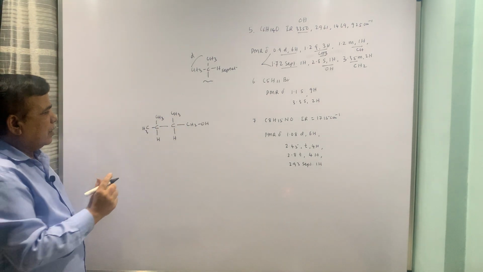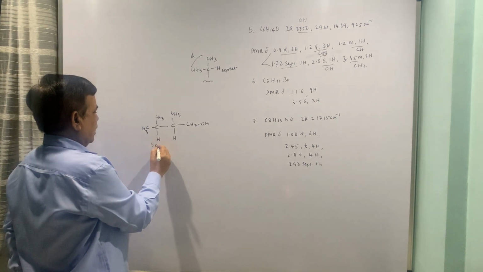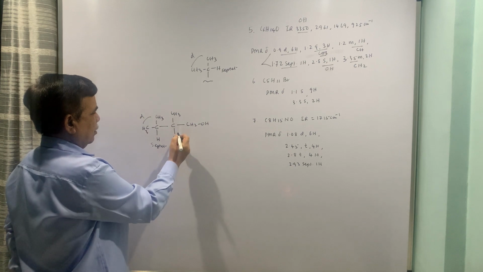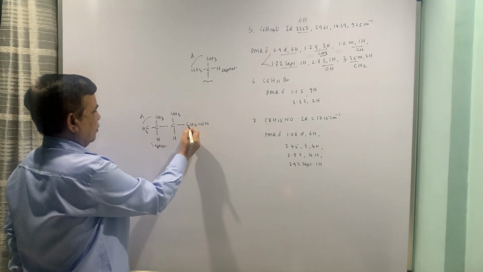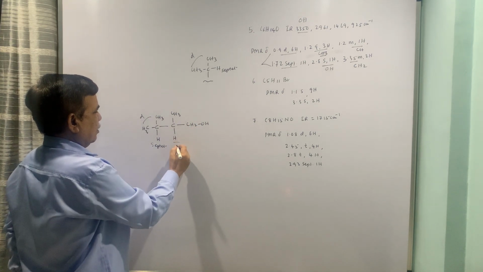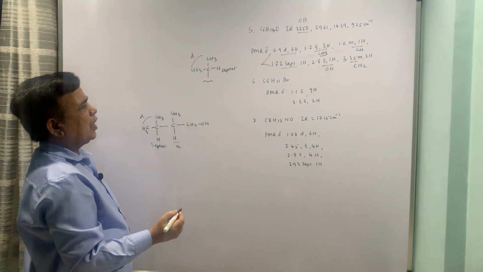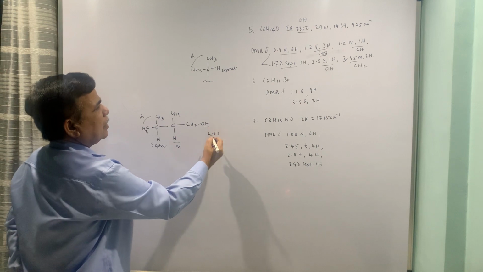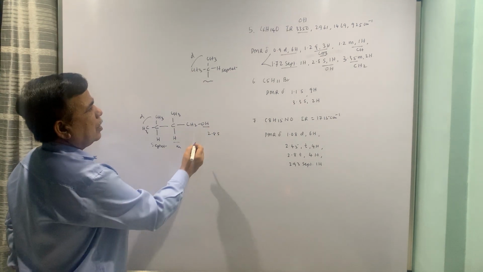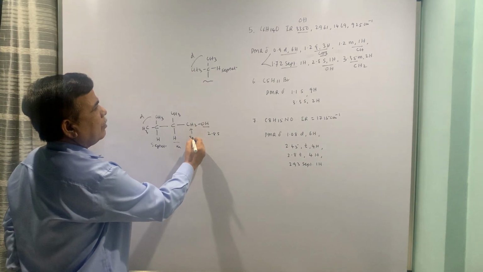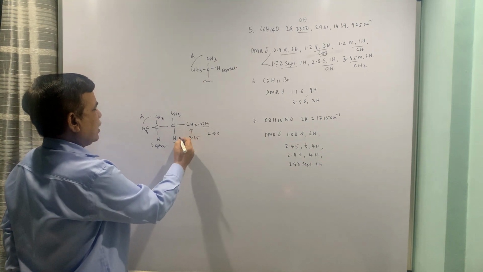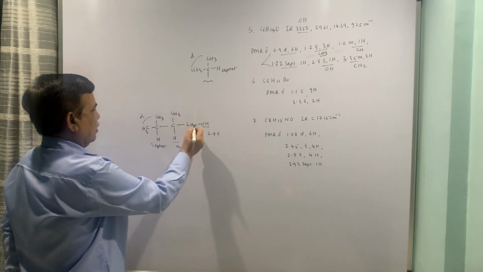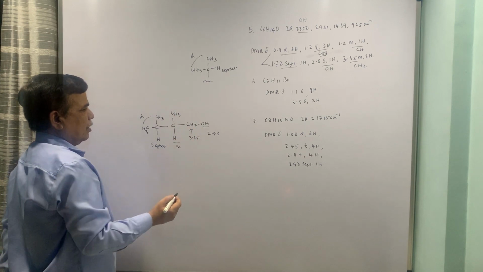Now here the septet and doublet part is over. Now here it will be quartet of a doublet, or in other terms multiplet. This is 2.8 singlet, that is OH, and this is 3.35 multiplet, because this has got methyl and hydrogen.